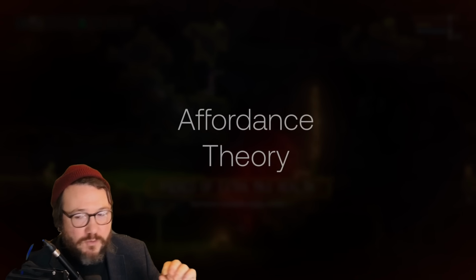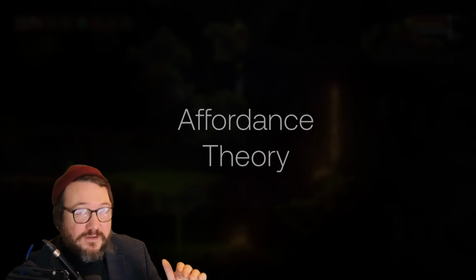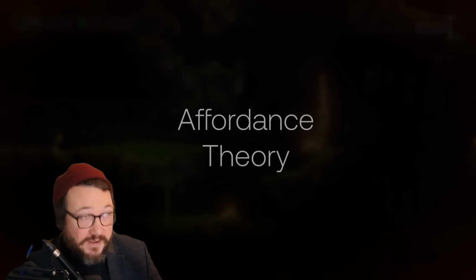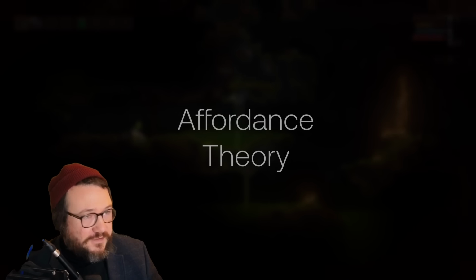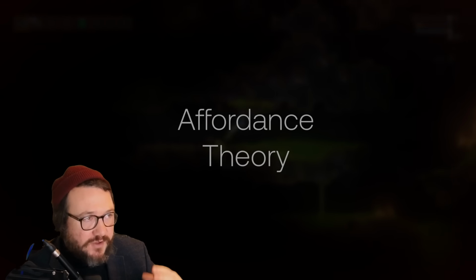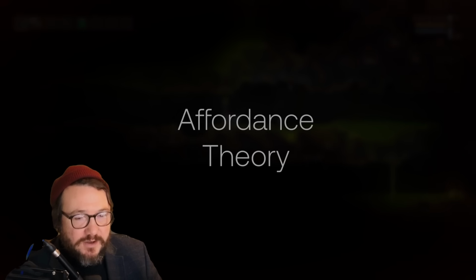The main theories I want to talk through are visual hierarchy, which is an aspect of gestalt psychology. The second one is affordance theory, which is when people look at things, they get clues about how they work based on how that thing looks. That's affordance theory. And it's important to have a base level understanding of all of these things, because game design overlaps with everything the player can see on the screen.